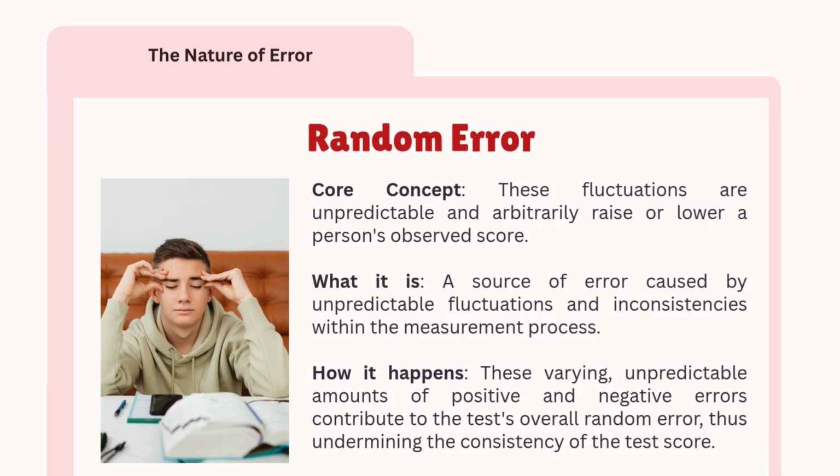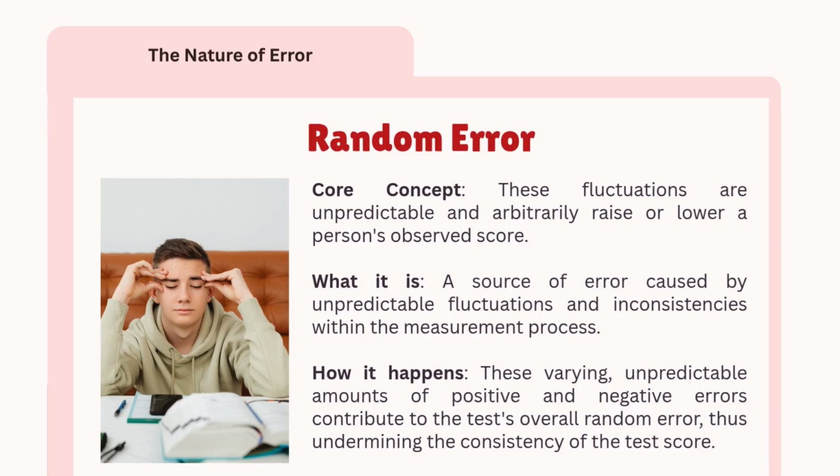These are the momentary disturbances that affect a person's score one way today and may be a different way tomorrow. So random error can increase a person's observed score, which is known as positive error, or decrease it, which is known as negative error, without any warning.